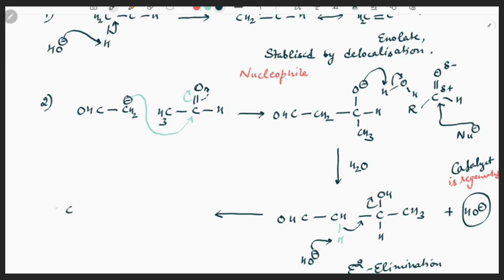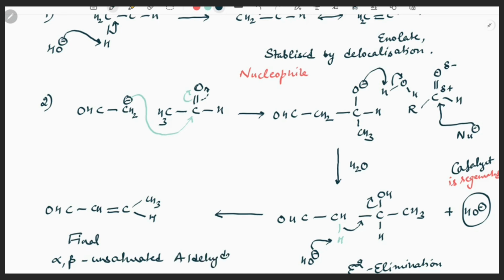So due to this E2 elimination, we get our desired final product, the alpha beta unsaturated aldehyde. So this is an E2 elimination.